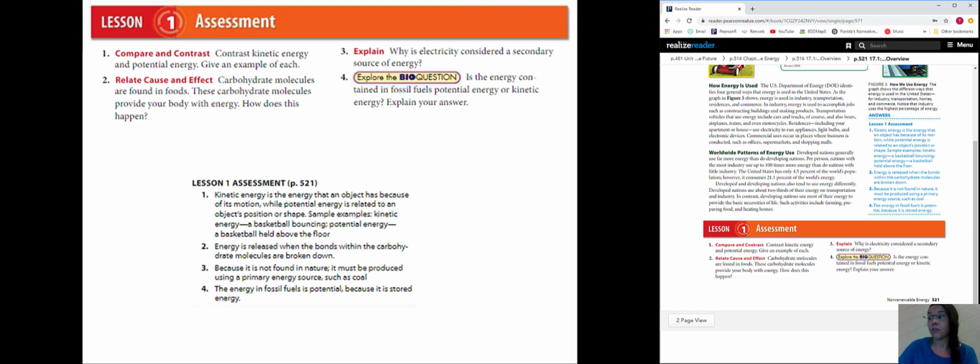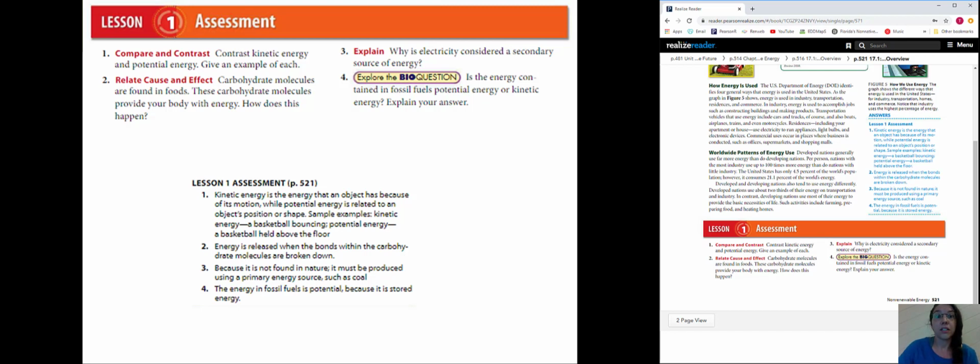So if there was a force holding it from rolling, it would have potential energy. If you remove your hand or whatever was blocking the ball, it would then have kinetic energy. But if it was a flat object sitting on a flat surface, it would not have any potential energy.